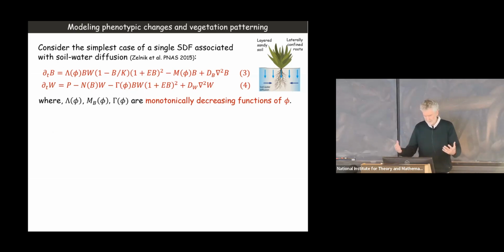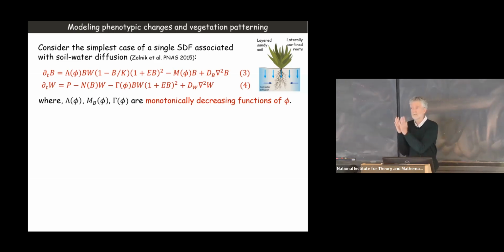consider, for the sake of simplicity, a single scale-dependent feedback. I choose to be the soil water diffusion, which applies to a system with sandy soil. In sandy soil, the infiltration rates are high everywhere, so there is hardly overland water flow, and we can actually eliminate the equation for the overland water flow, H, and be left with two equations.